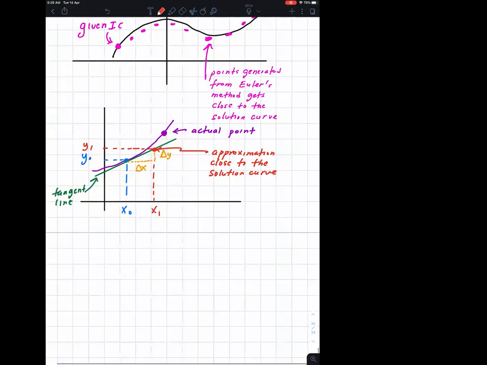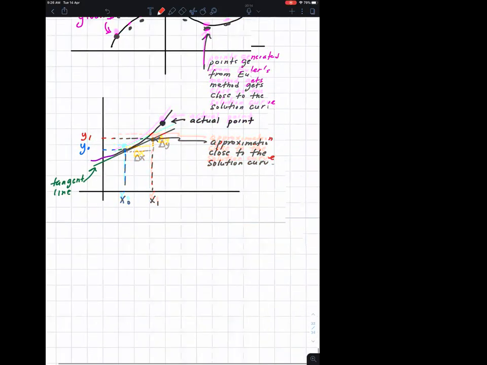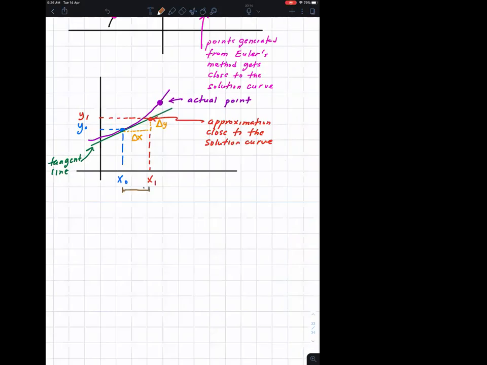In this case, the step size from one point to the next is called the step size, which is delta x.